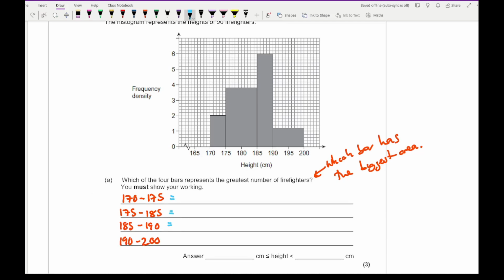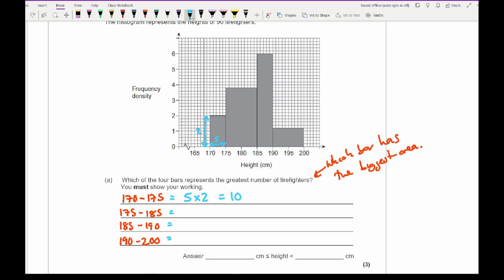Again, I'm just going to multiply the height, which is measured in frequency density, by the width of the actual rectangle. Very confusing. So here we've got 5 times 2, because we've got 5 here and a height of 2. That gives me 10.